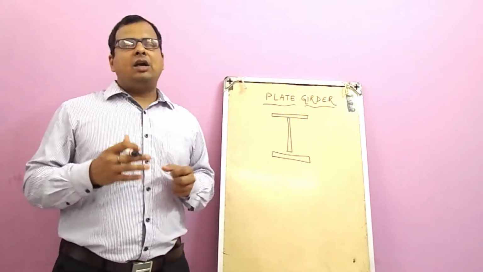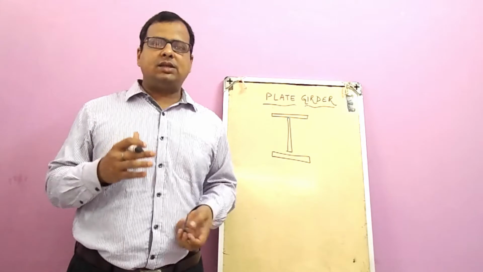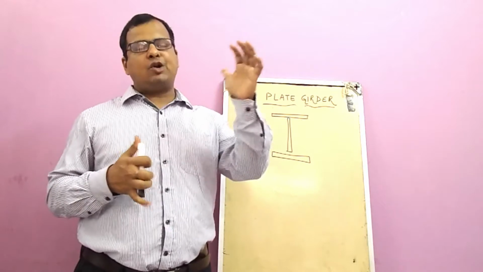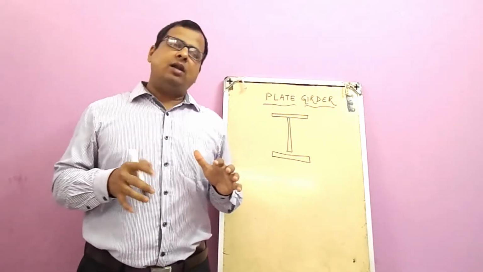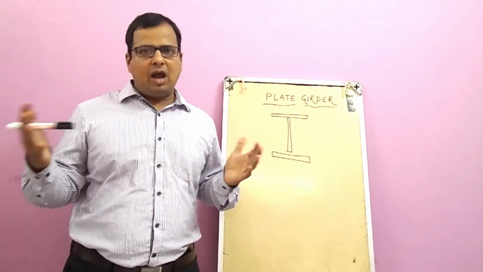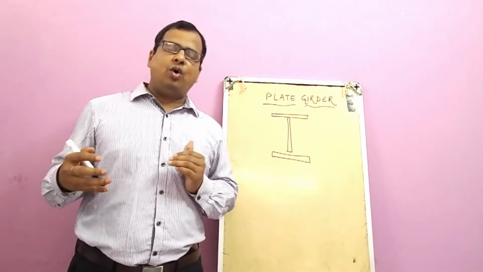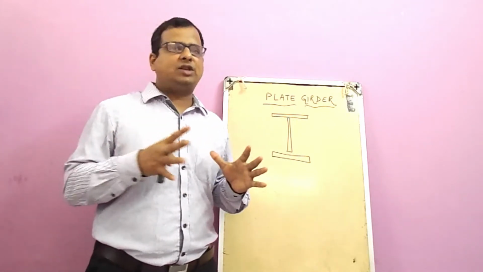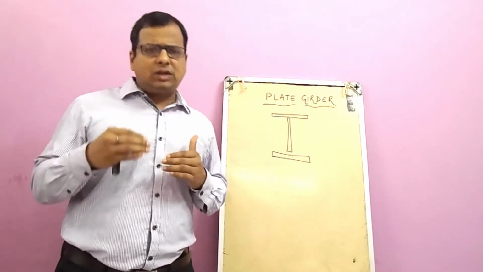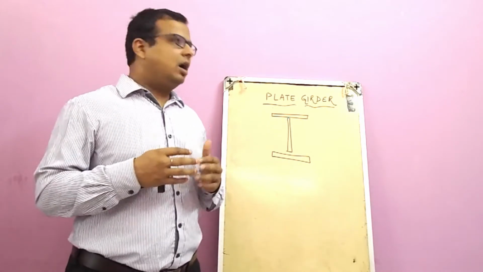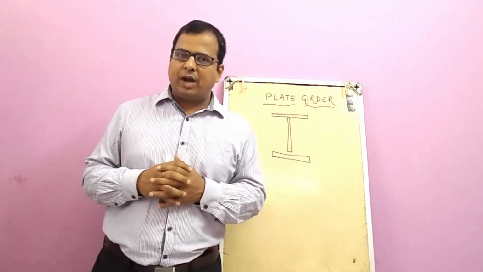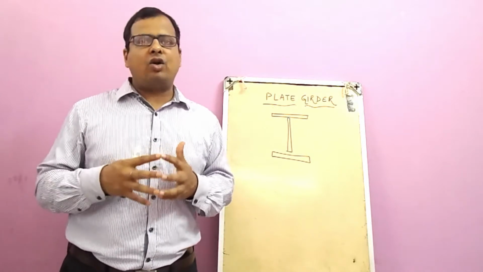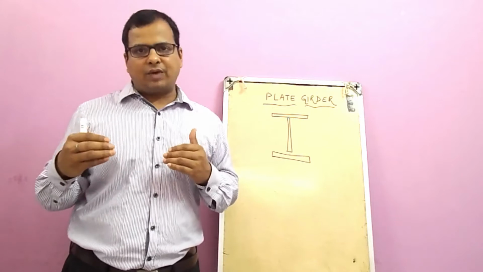In India, the maximum depth of available sections is generally 600 mm, and even if we use cover plates at the top and bottom with the flange, sometimes, due to heavy span or more span and heavy load, these readily available hot rolled sections may not be sufficient. So there are generally three conditions where we design this type of plate girder.